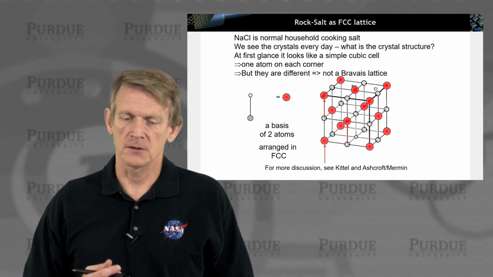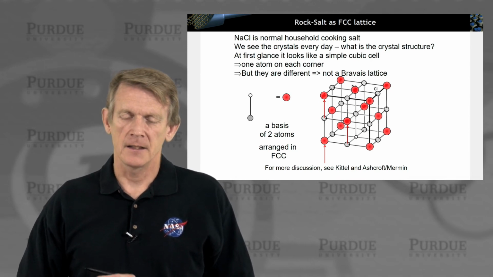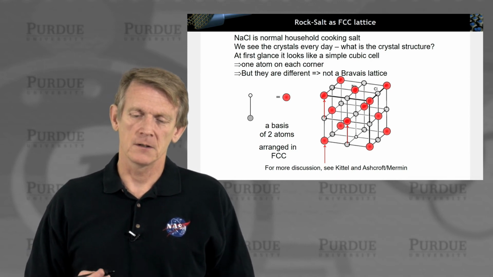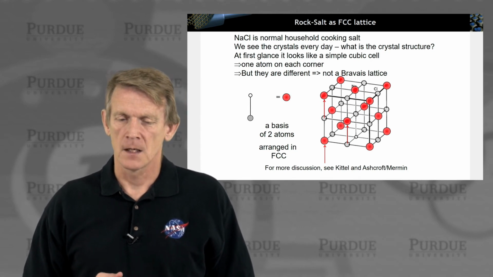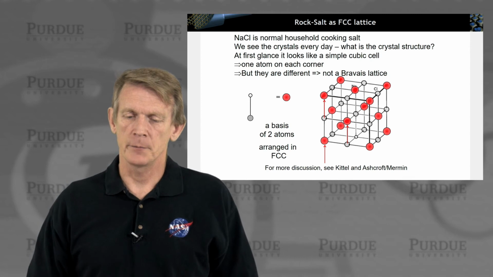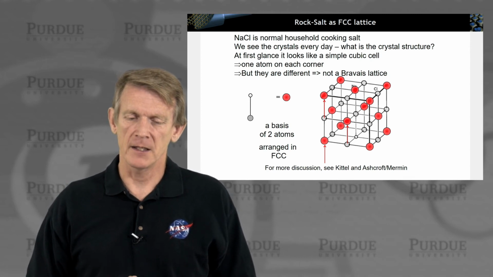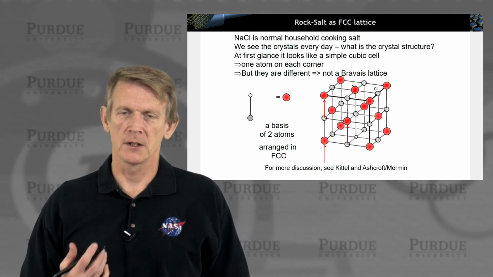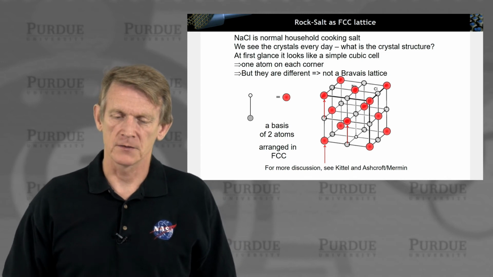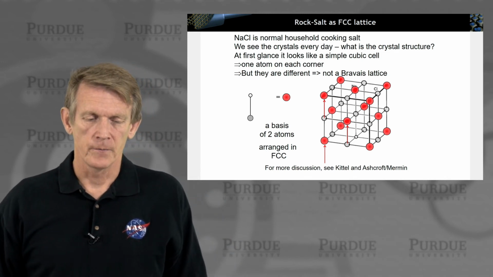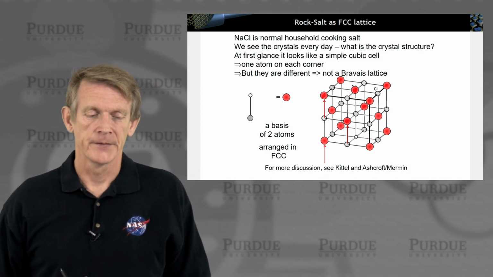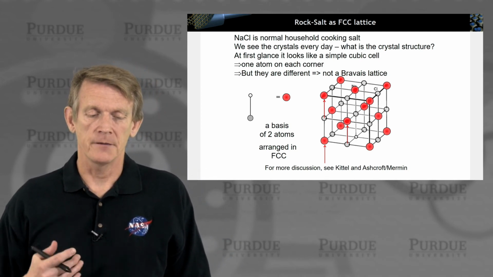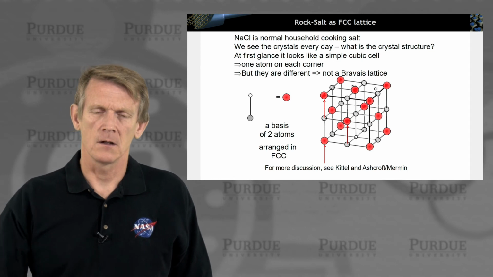So it's face-centered cubic, and in that lattice, it looks as if you're not representing chlorine explicitly, but it is part of the basis. And as you repeat that basis, you build up the chlorine in that crystal as well. So rock salt, a very common crystal, is an FCC with a basis of 2 atoms.